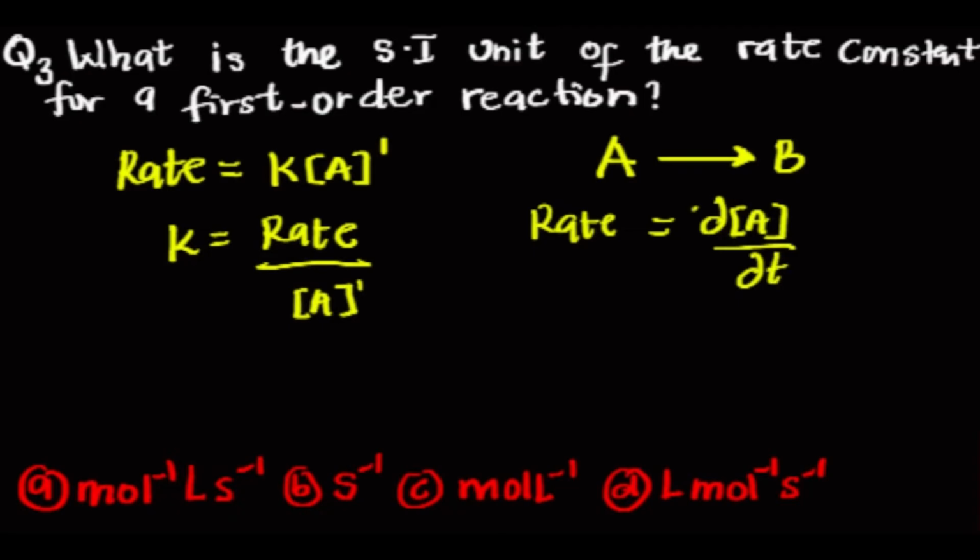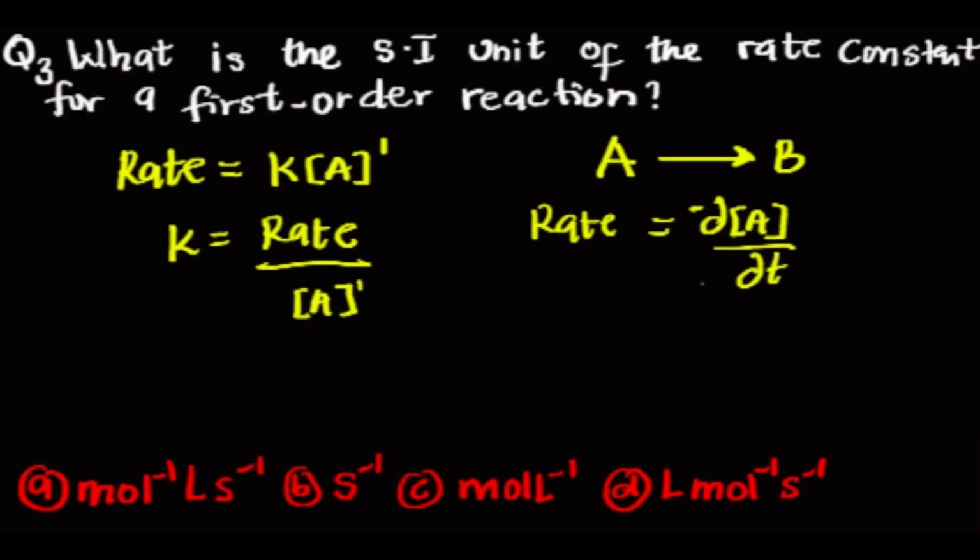That's exactly what we're going to have, and that's what it means. That is, there is going to be a change in concentration of A with respect to time, and the change is going to be negative, because A reduces with time and B increases with time. That's exactly what you have here.